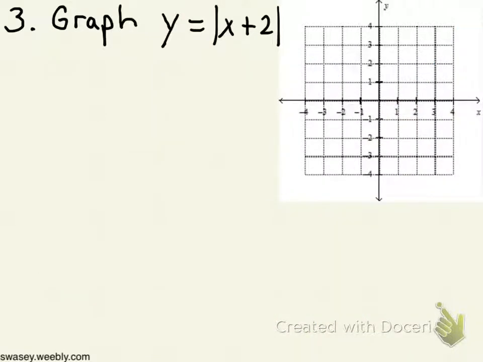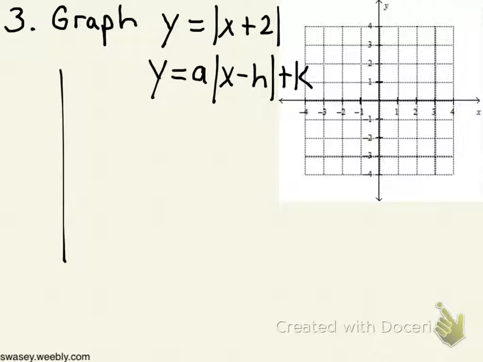Okay, here, if we think about that h, k vertex form, y equals a times the absolute value of x minus h plus k. Your h here is -2, and your k is 0. So that's our vertex.